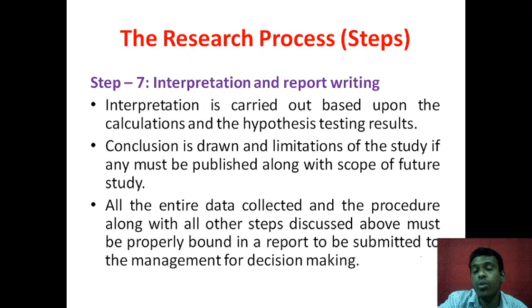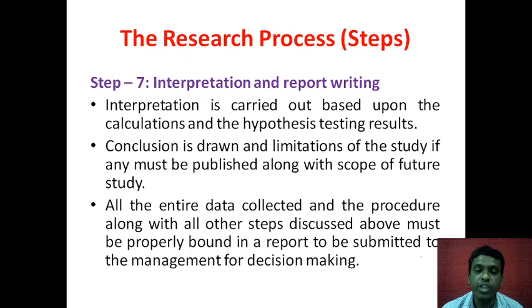Limitations are very important. What were the limitations of your study? Whether you had time limitations, whether your limitation was about reaching certain people. So all these limitations of your study, what were the restrictions, or the things that restricted you from reaching out to certain things, all those limitations will have to be written and documented, if any.